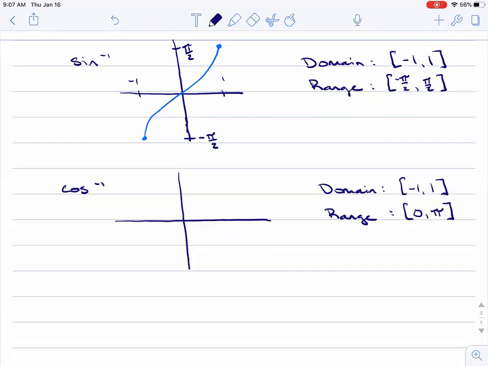So what it's going to look like is here at 1 and going to -1, it goes from 0 to pi, and I'll put pi here, and it's going to pass through at pi over 2, just as a rule. And how does it look?